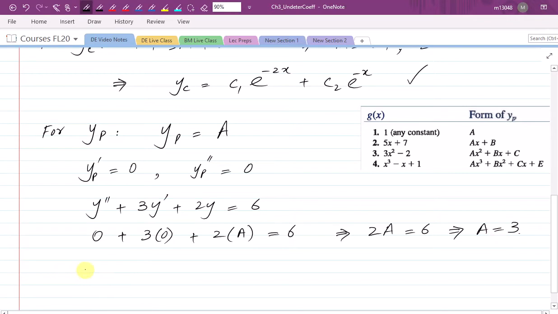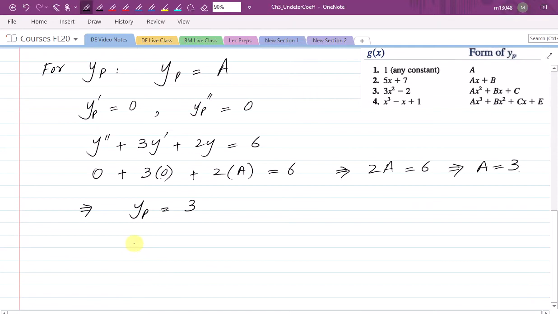So that also means that our yp equals 3. Now we have both the solutions. We can write our general solution. yc plus yp equals c1 e raised to power minus 2x plus c2 e raised to power minus x plus 3.